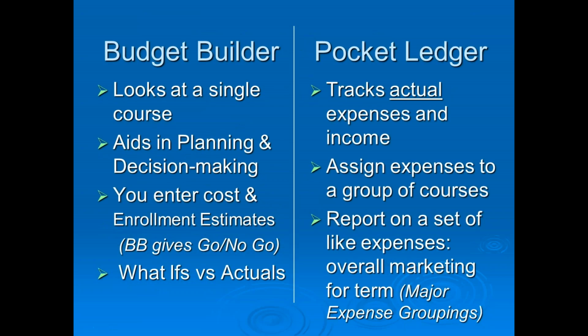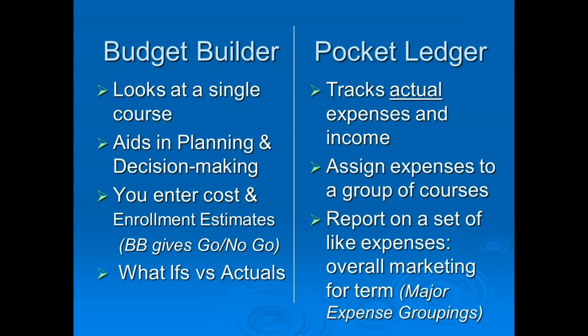What is the difference? They're completely two different things, but they are related to finances. Budget Builder is at the front end, the planning, the prospective side. For every single course or class of courses, like introduction to golf, you have one course with multiple sections. You only need to do the one section, and you'll know what to charge for the other golf sections.